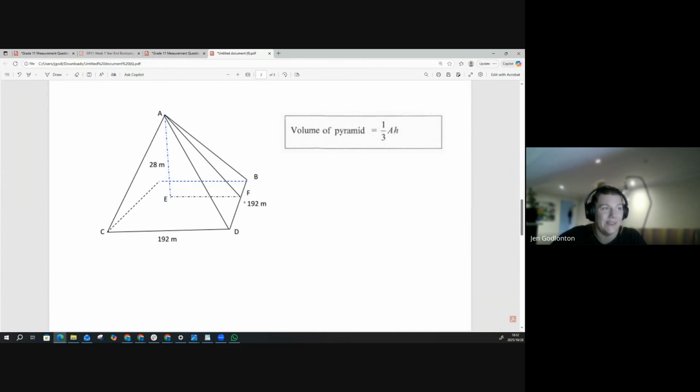This area over here, this big A, is talking about the area of the base. The question here is to find the volume of the pyramid. What is the volume of the pyramid? No trick. Nothing tricksy. Just something nice and easy for us to end on.